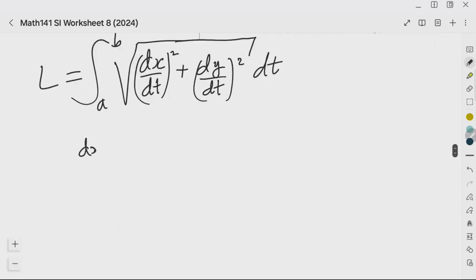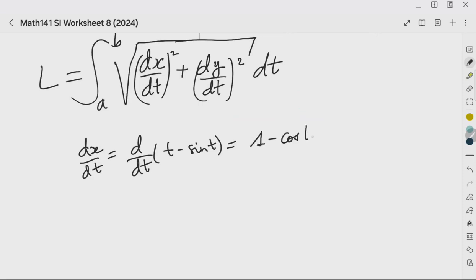So dx/dt is equal to the derivative with respect to t of t minus sine t, which is equal to 1 minus cos t.